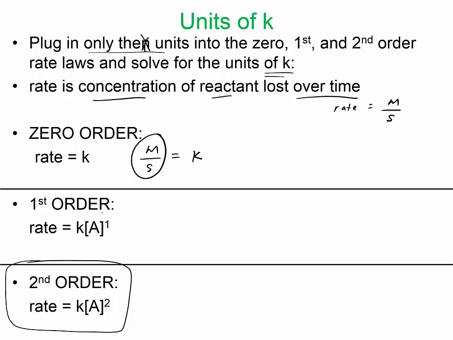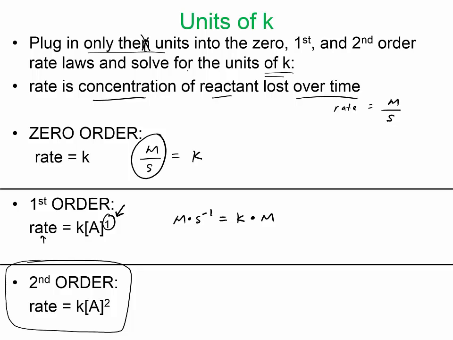For first order, rate is typically molarity over seconds. I'm going to write it out like this: molarity over seconds equals k times, and this is to the first power, so k times molarity.